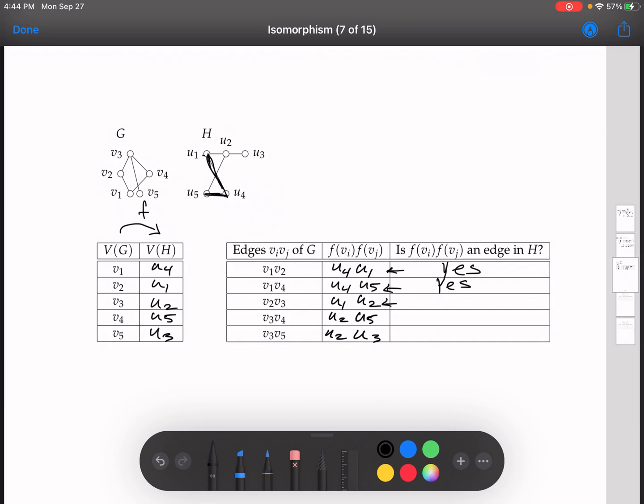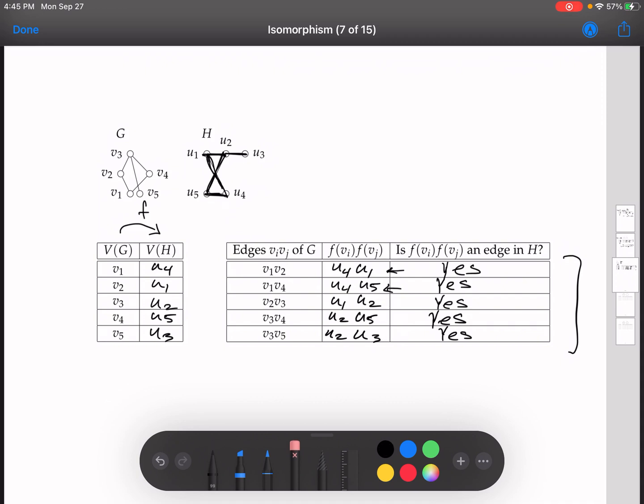U1, U2, yes, that's an edge. U2, U5, yes, that's an edge. U2, U3, yes, that's an edge. All yeses, that tells us that our function preserves edges.